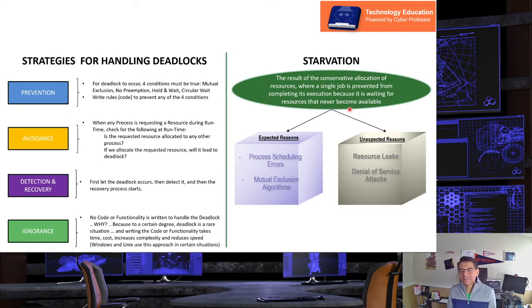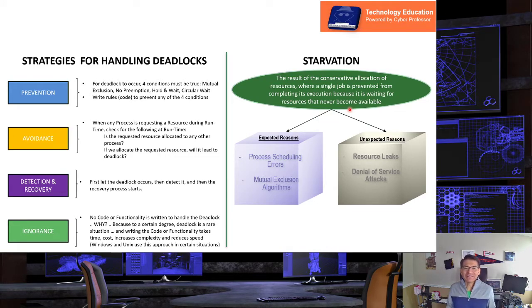And of course it is unexpected because the developers are not planning to write code that is going to promote resource leaks, because they will become really bad software developers, right? So it is unexpected and sometimes it happens. So it could be also a failure of the hardware itself.